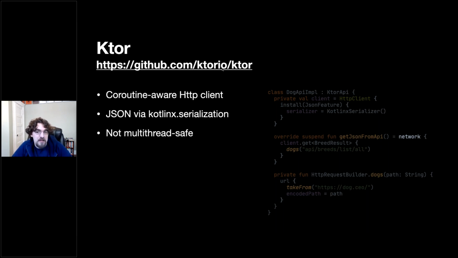Ktor right now is not multi-thread safe, in that it's built against the release version of coroutines and doesn't work very well if you call it from different threads. So we have this workaround kind of buried in GamKit, which is this network lambda that you can see on the right there.